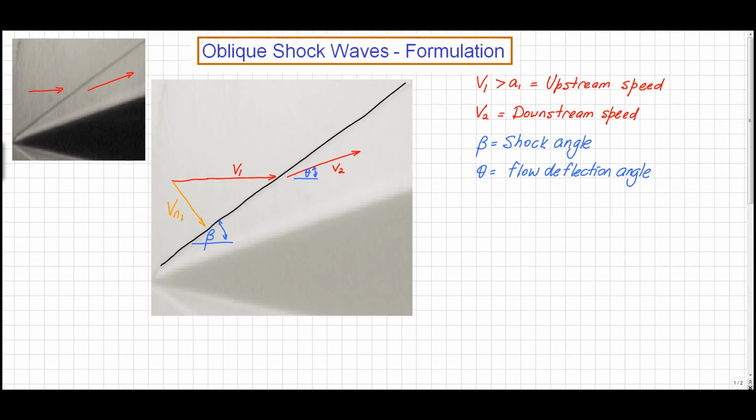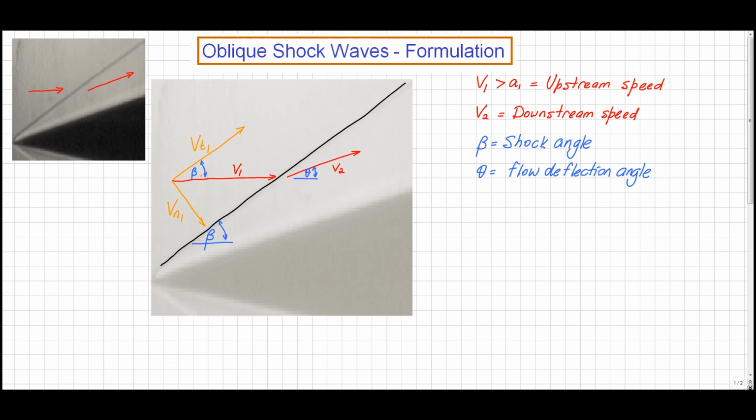N for normal and 1 for upstream of the shock. We'll also have a component parallel to the shockwave, so let's draw that in here, and we'll call that vt1. T for tangential to the shock, and again 1 for upstream of the shock. Now straight from the geometry we can say that this angle in here is going to be beta.